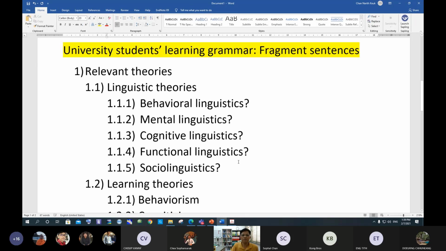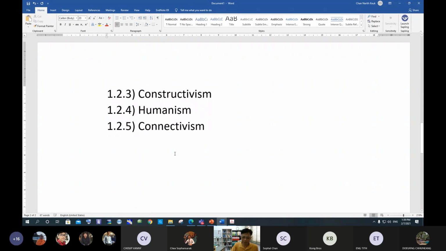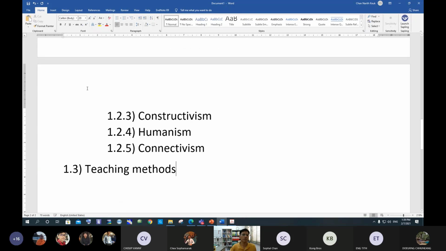Now, we have some more, 1.3. Now we talk about teaching method. We have 1.3.1 GTM, grammar translation method.